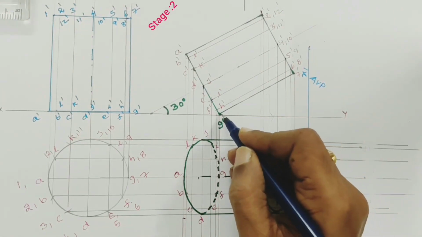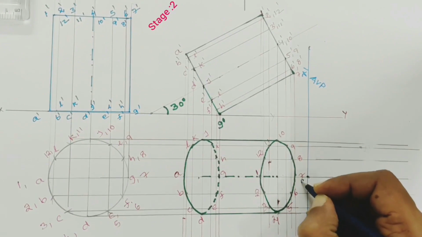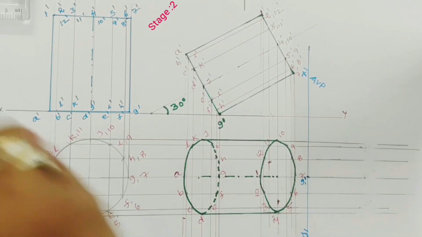Here G dash is on XY line. So here also G1 dash will get on XY line.